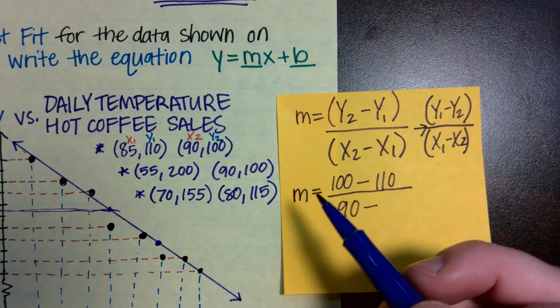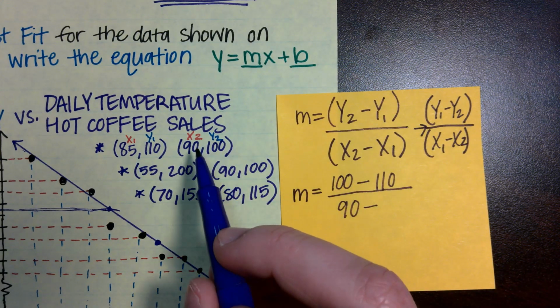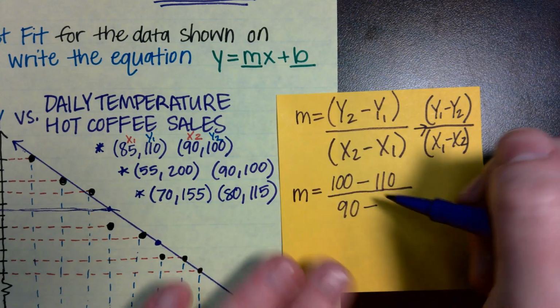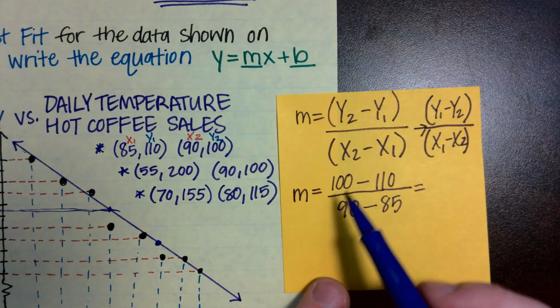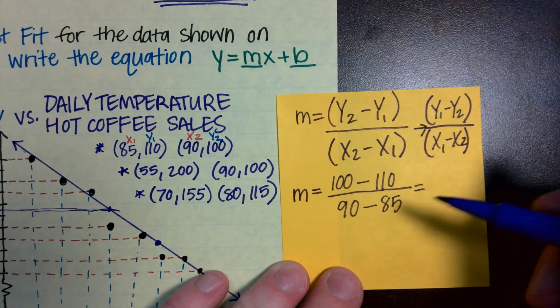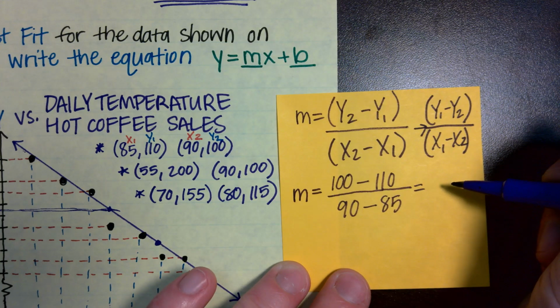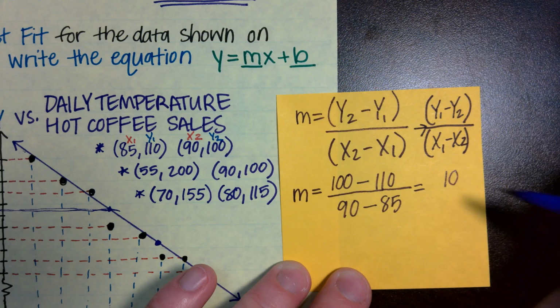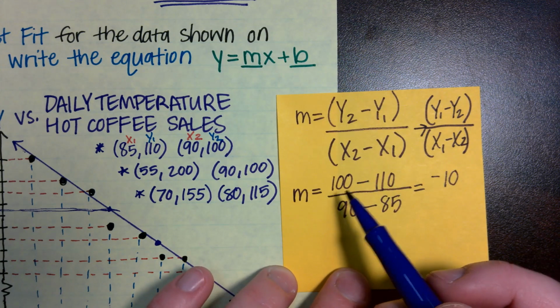All right, so we did our y2 minus y1, and our x2 is 90 minus x1 is 85. And what are we going to get for our y's on top, our rise? 100 minus 110. What is that? It'll be 10. Is it positive or negative? Negative 10. We're taking away more than we have.